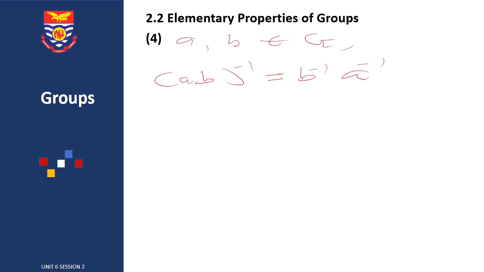Okay, so how do we prove this axiom 4? The proof is so simple. Let's suppose A and B are members of G. We know that an element times its inverse gives the identity element. I think we agree to that.